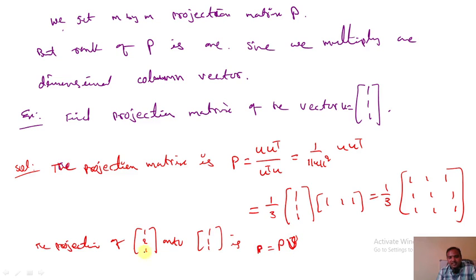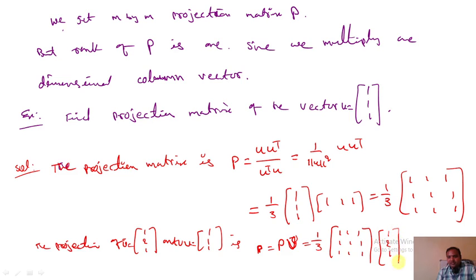This is 1 by 3 into the all-ones matrix, into V. What is V? 1 2 1.